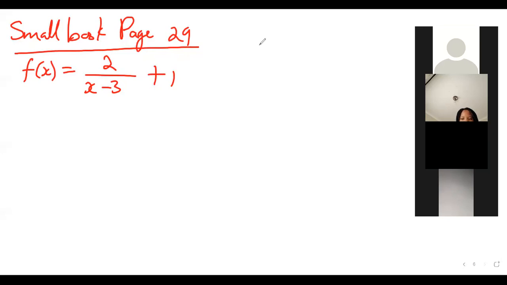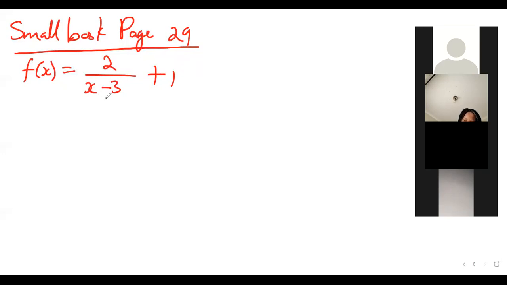Okay. Right. So if it's given like this, then the first question is saying, write down the equations of the asymptotes. What are the equations of the asymptotes? The x asymptote and the y asymptote. So for the x asymptote, someone was asking me this question, so let me answer it already here.